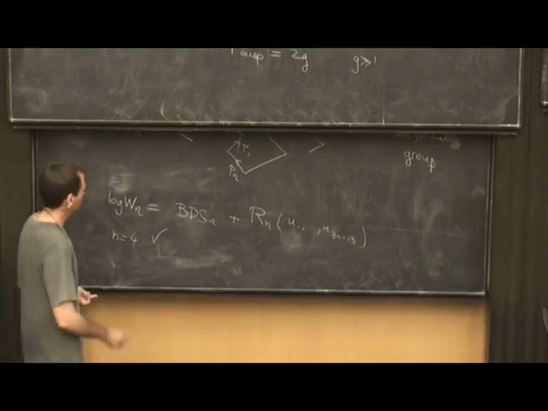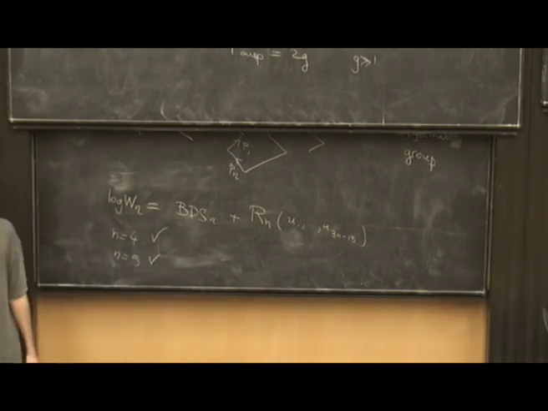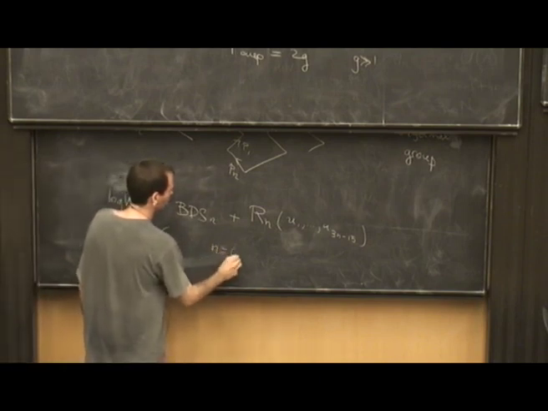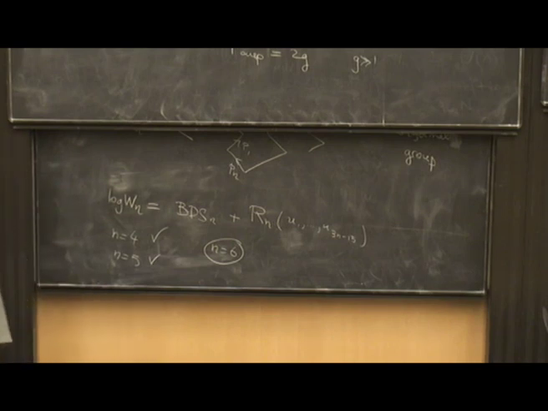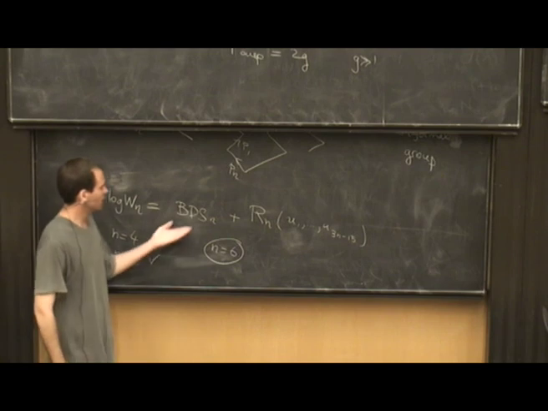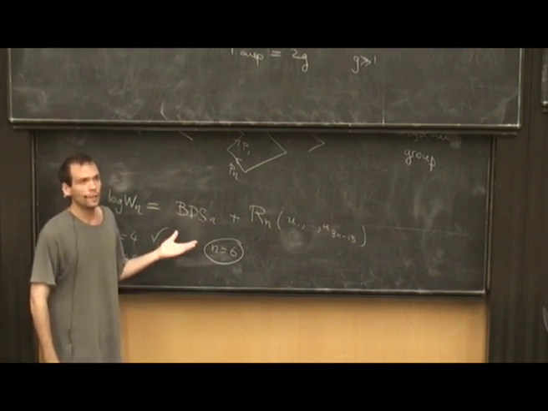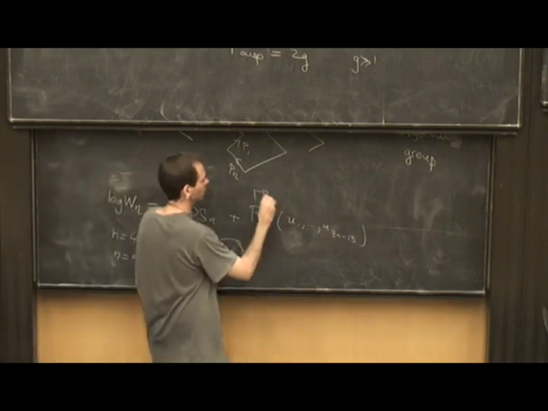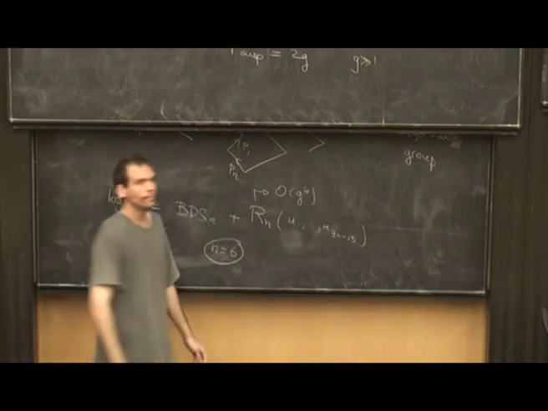It's not important. For n equals 5, again, no cross ratio, so the problem is solved. And now the question is whether for n equals 6 this remainder function gets activated somehow in the gauge theory. What we know, by definition, given that BDS correctly incorporates the one loop computation at least for any n, is that this should start at 2 loops.